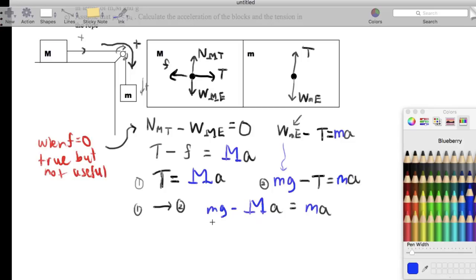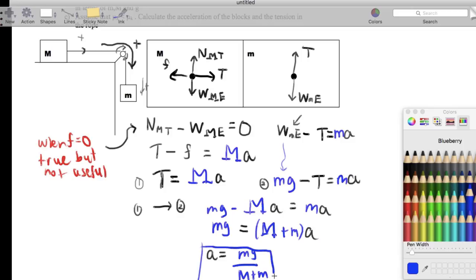So I'm going to get that mg actually equals, and I'm going to rearrange and factor, big M plus little m times my unknown A. And finally, my acceleration in part A works out to being mg over big M plus little m.